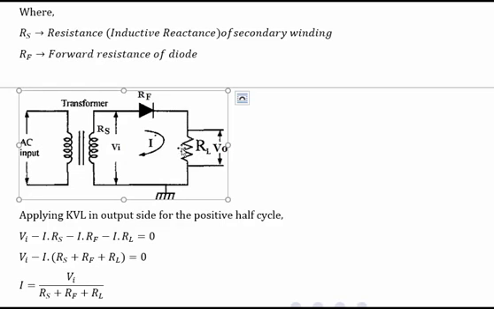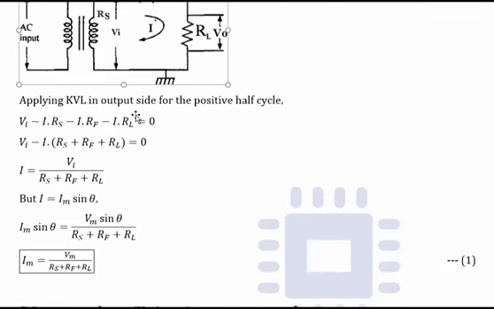So wherever needed, we will neglect Rs and Rf in comparison with RL, because the value of Rs plus Rf together is very small compared to RL. If the values of Rs and Rf are given in the question or numerical, we will take those values. But if they are not given, then we can neglect them. We will see this in numericals.